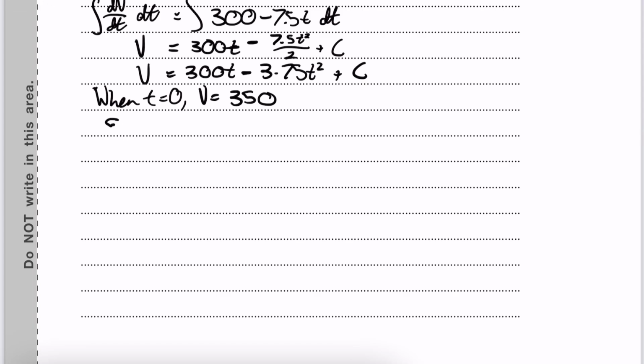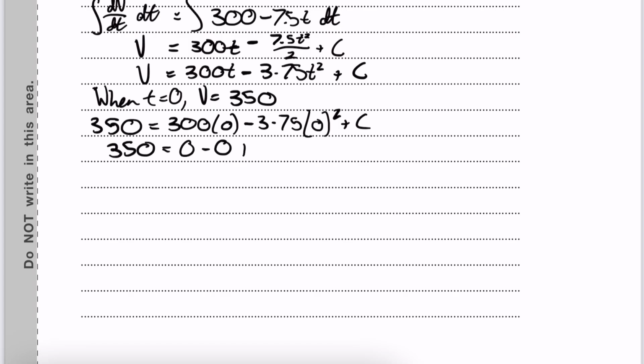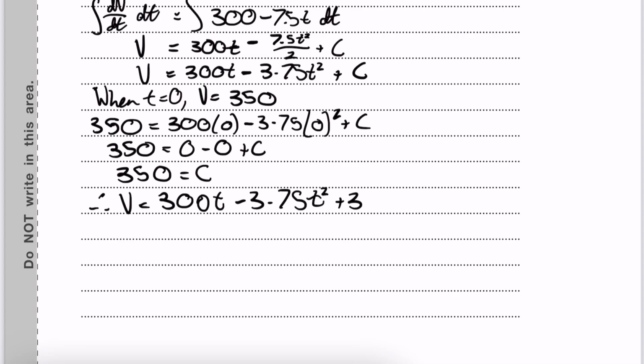When we sub it in, we get 350 equals 300 times 0 minus 3.75 times 0 squared, plus c. We get 350 equals 0 minus 0 plus c, so 350 equals c. So therefore, the volume equation is given by 300t minus 3.75t squared plus our constant of 350.